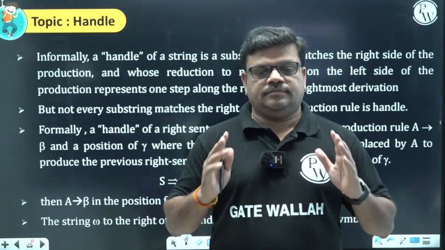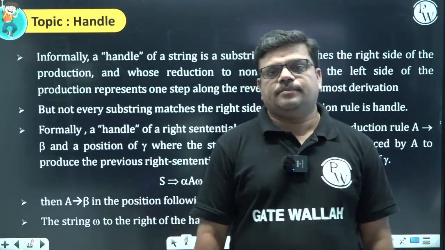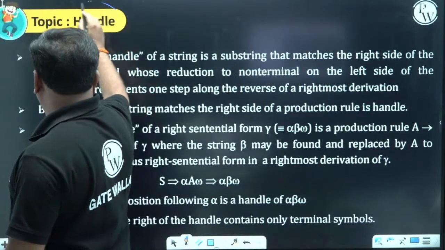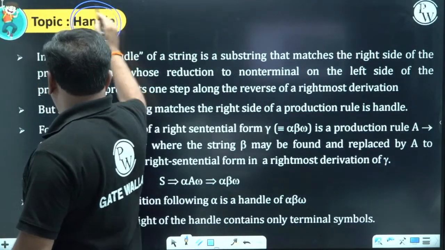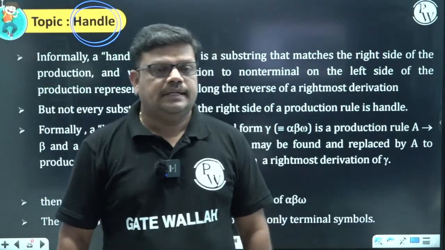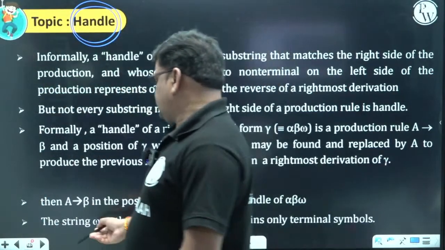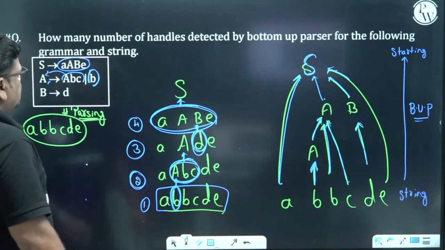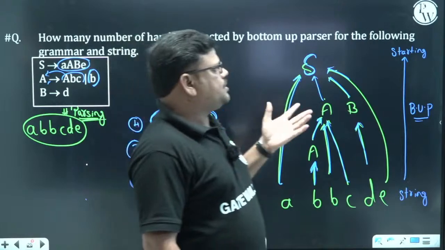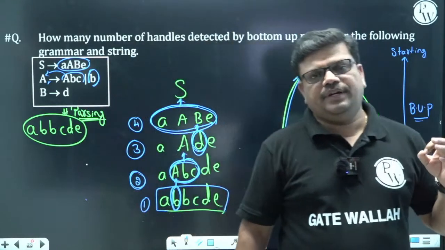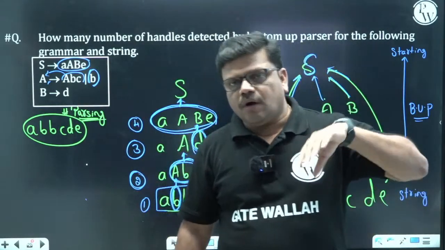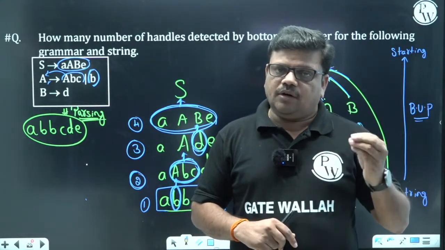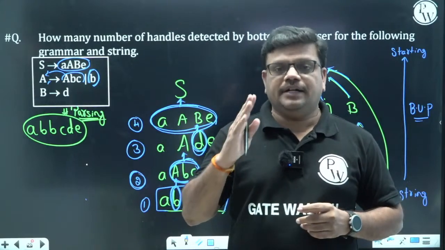Okay then. Let us focus on this. In bottom-up parsing, we have one more thing called a handle. What is this handle? It's very simple. Whatever we studied till now, this is a general question we can expect. We got it in GATE papers many times, because the main concept of bottom-up parsing is handle detection.